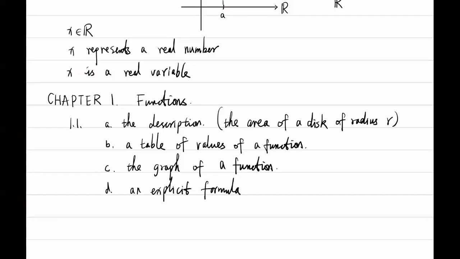If we have a formula for the functions, then we can do manipulations. We can add them, multiply them. And with these 4 different ways of representing functions, we can go back and forth. We can go from the description to the table of values, to the graph, to the formula, and back and forth. Okay.